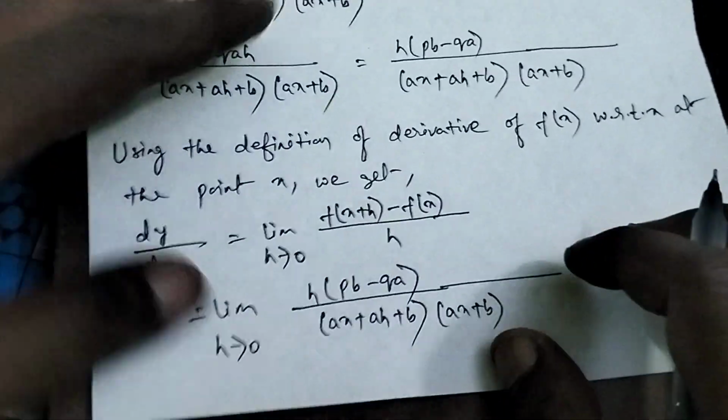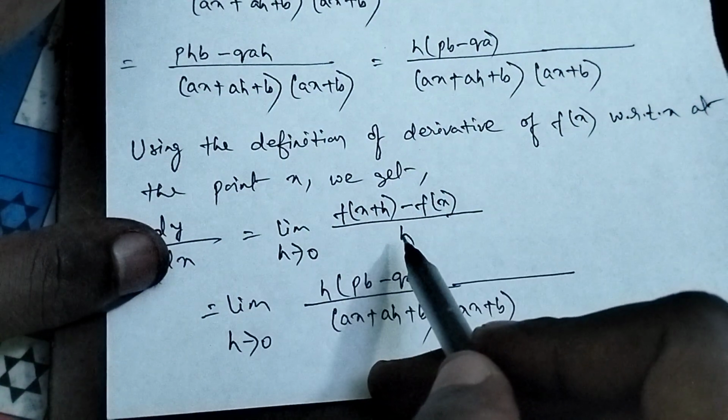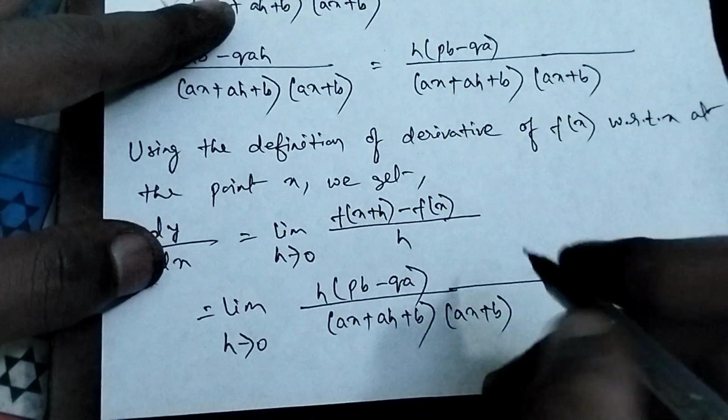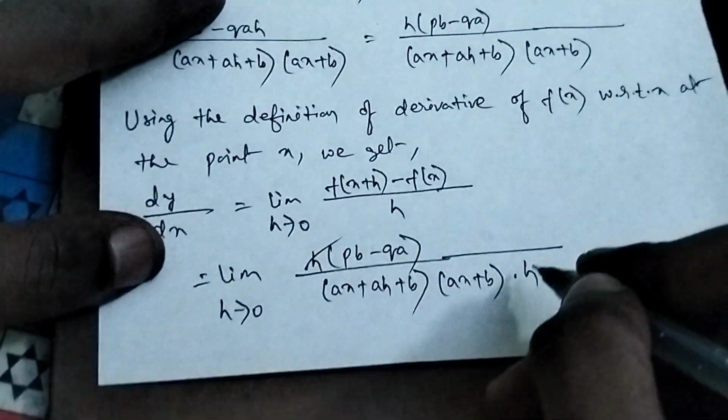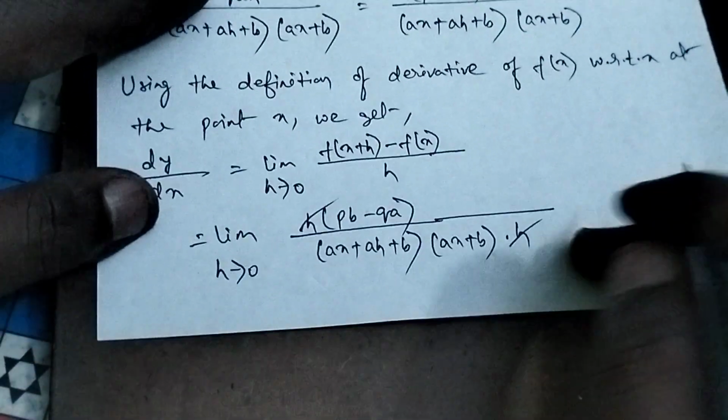Okay, clear? And then in the denominator there is also one h, so this h is going to cancel.